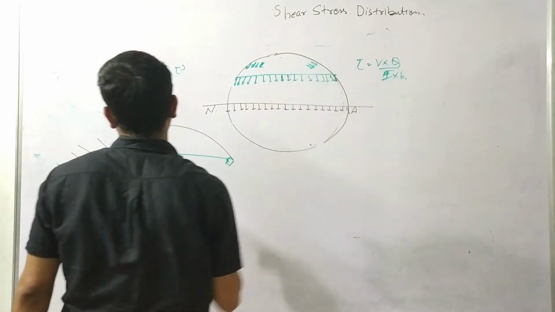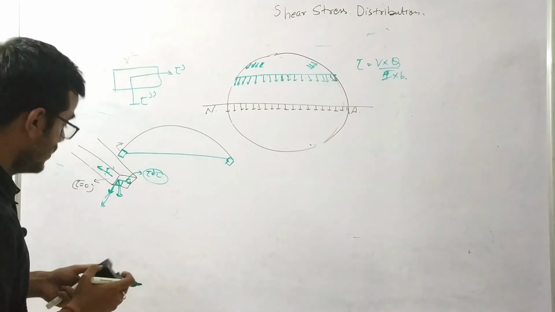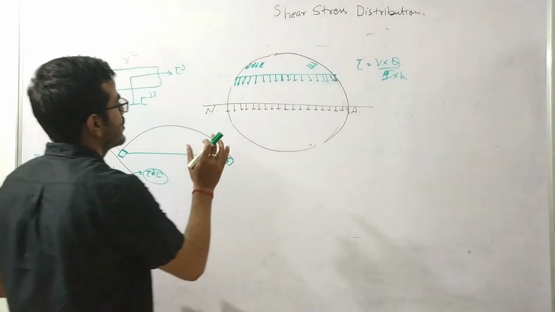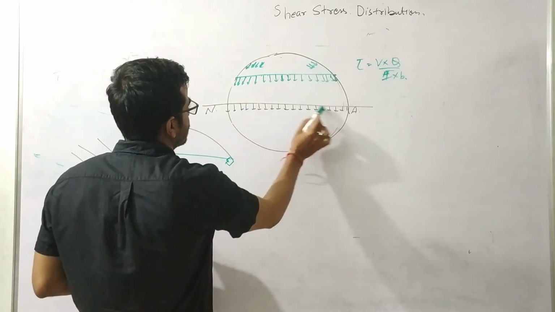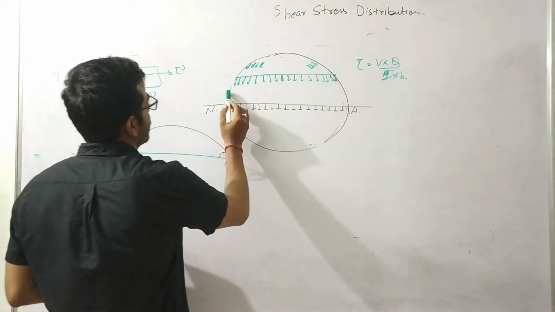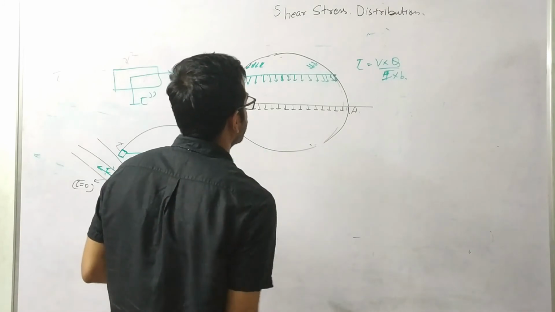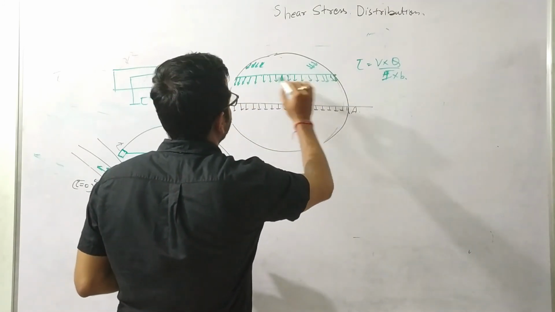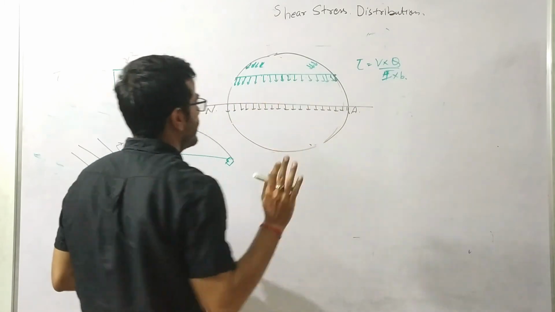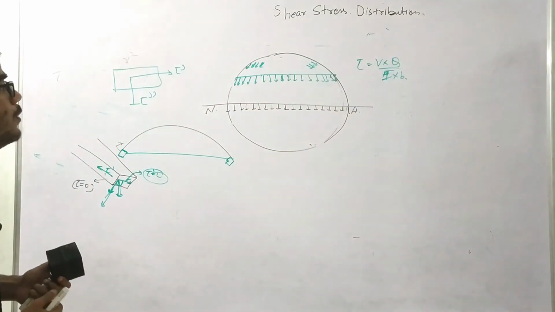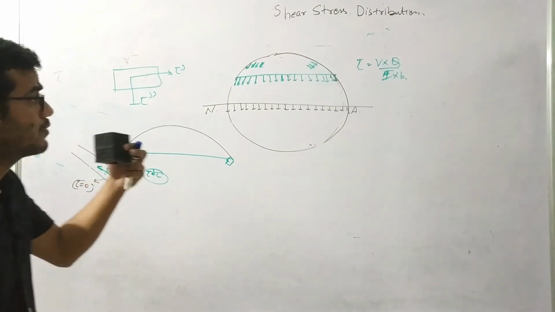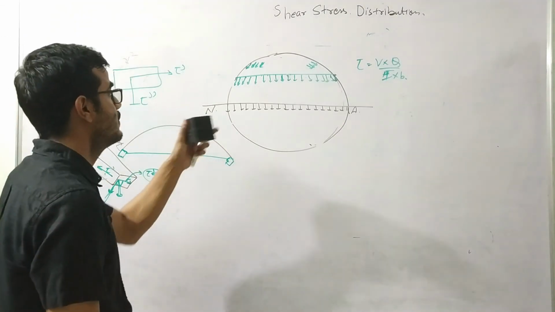Why inclined, we have already discussed. This is the assumption which we are making: at the neutral axis this is okay, but at this axis the directions are a little bit different. So this formula is not giving the actual results over here. This is the thing which I want to teach you. This is also one assumption which is made in this formula.